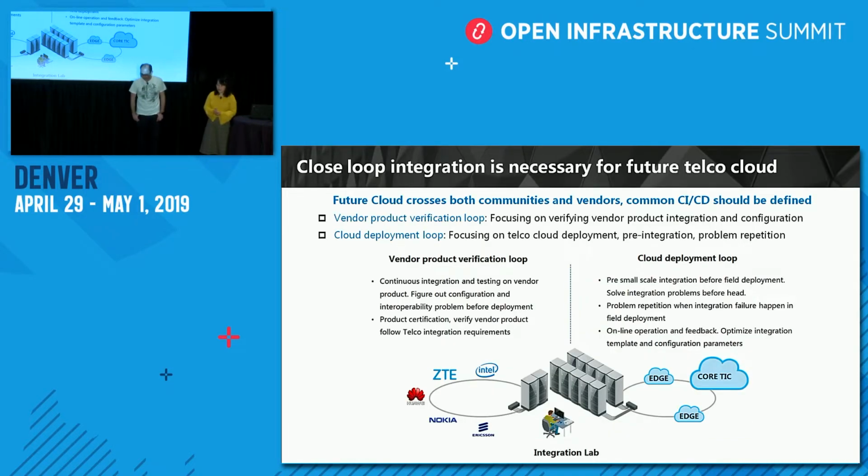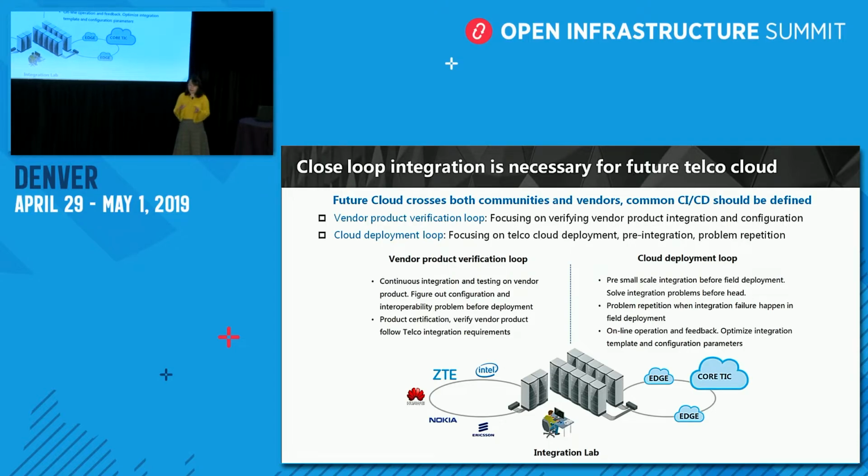Thank you. So the future cloud integration is actually not only about crossing different communities, but also about crossing different vendors. Taking China Mobile as an example, we build our cloud from components of hardware, switches, OpenStack, orchestrator, VNFs, and each of the components probably will come from multiple vendors.